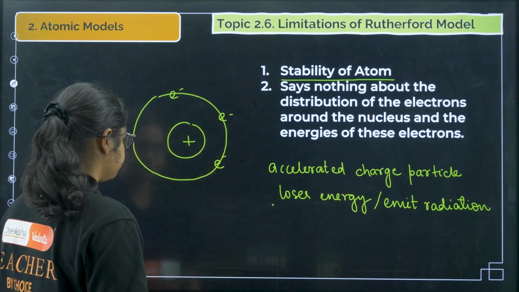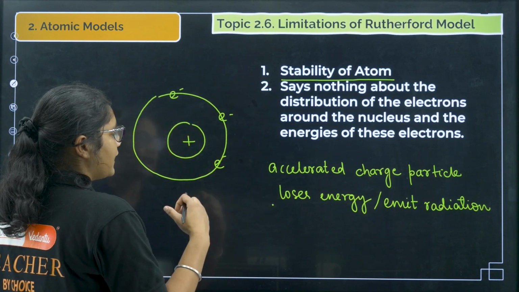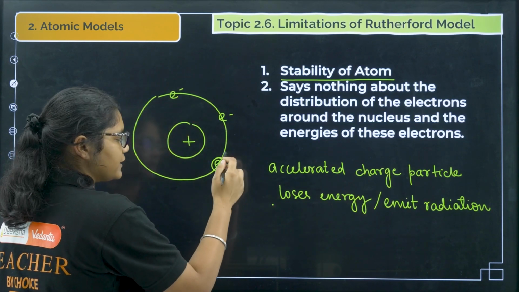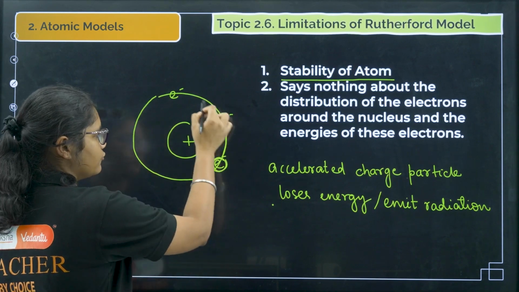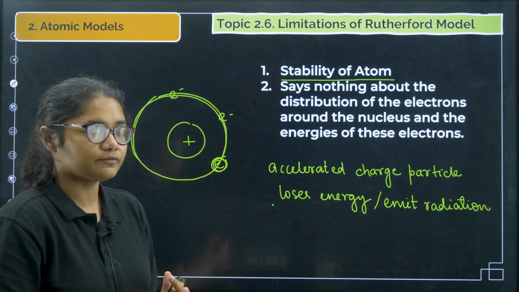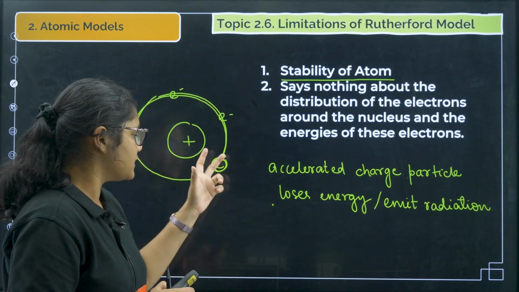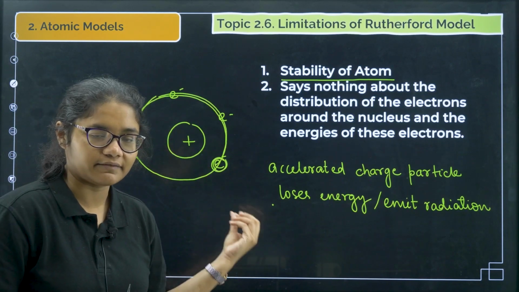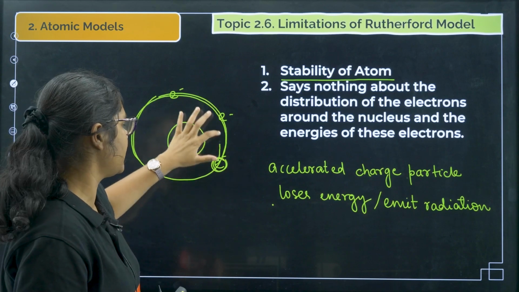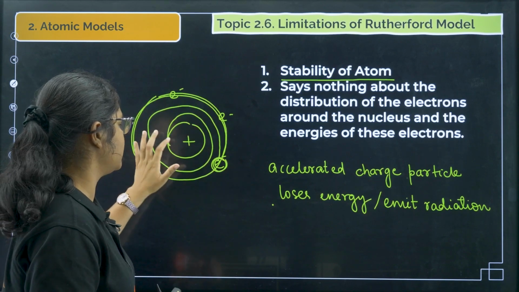Now, because these charged particles are moving, the direction is changing, so we can say that these charged particles are under acceleration. If they are under acceleration, they will lose energy or emit radiation, and finally one day they will fall into the nucleus.